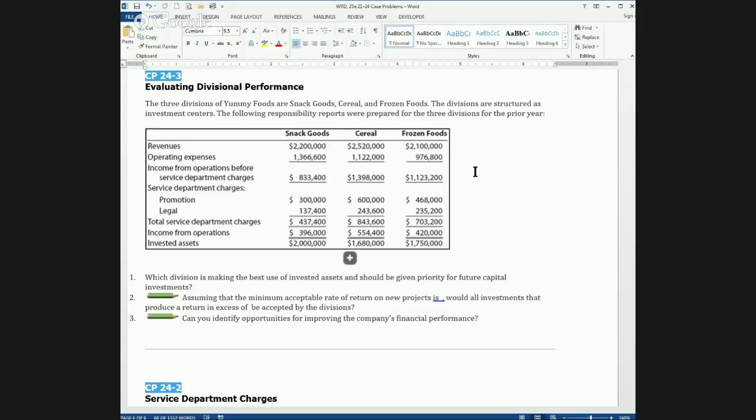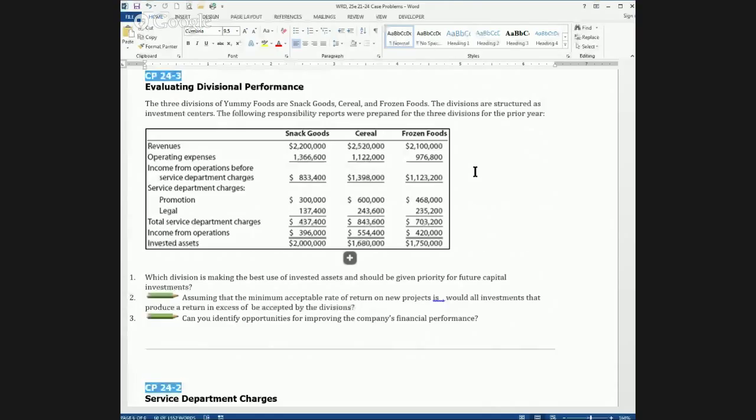meaning that the manager in charge is responsible for revenues, costs, as well as the level of investments. Return on invested assets and residual income represent the two types of measures that are used to evaluate investment centers. Now, as you can see, the invested assets are shown for each of the divisions, and snack goods at $2 million of invested assets is the largest division.